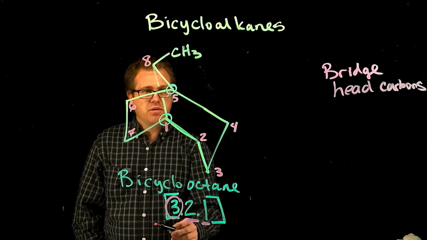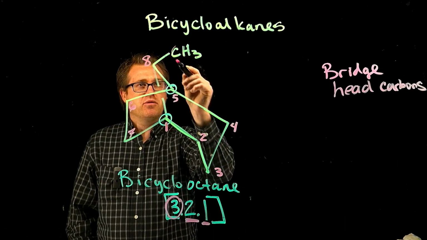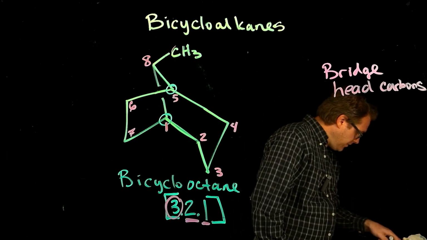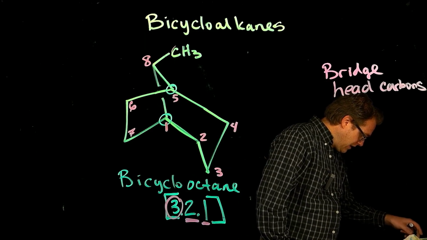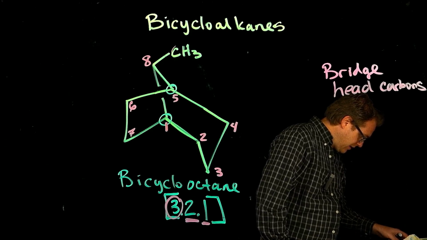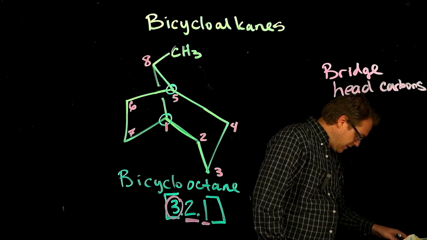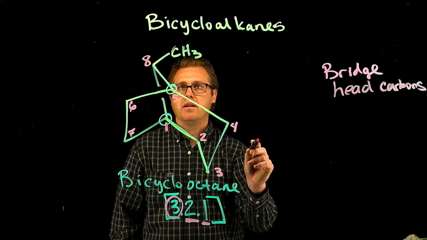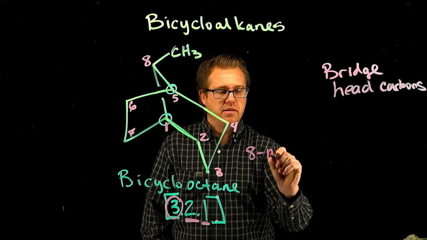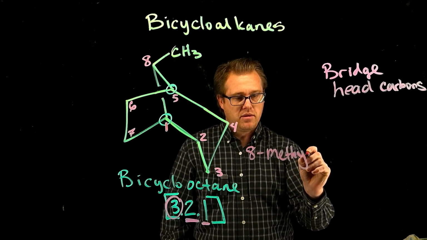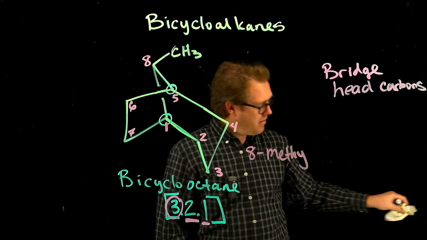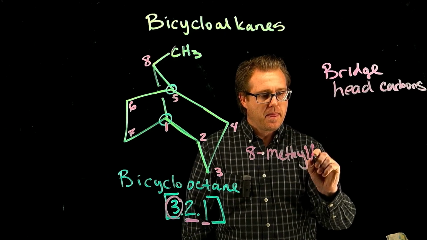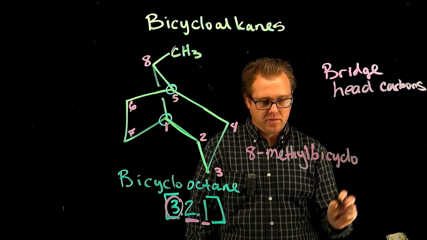So now that I have those numbers here, I see that my methyl group is on carbon 8. So we can name it. Do I have enough space here? Let's write it here. That would be 8-methyl bicyclo.